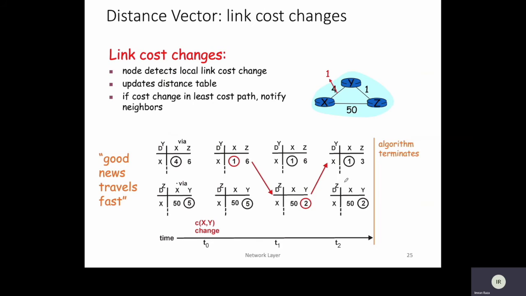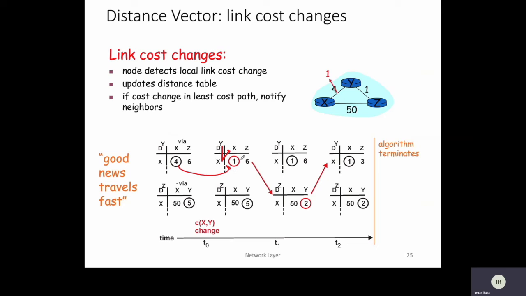Okay, so let's see how the least cost change can create a problem and can result in a loop. Let's assume a sunny day scenario. There's good news that the cost has changed from y to x from 4 to 1. At time t naught, we notice that the cost from y to x, via x meaning x being the direct neighbor, has changed from 4 to 1.